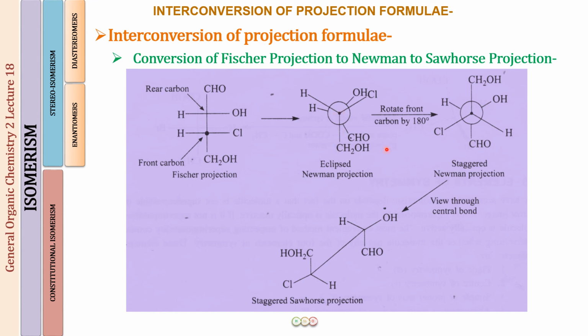So wherever the CH2OH was, now you can see the CHO fully looking at us, right? And the H also looking at us, and the OH also. So we can now look at all the 6 groups which are attached to the 2 carbons, looking at the front of the molecule. Okay, so this is the staggered Newman.